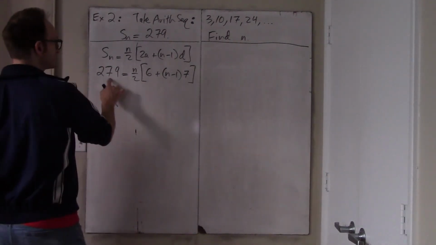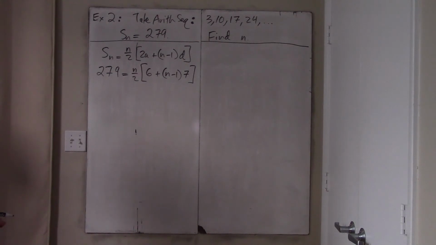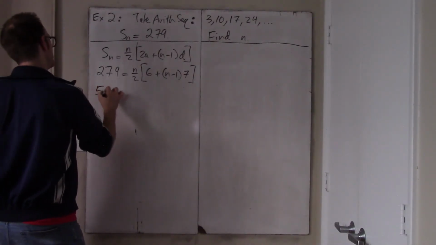Let's do it. 279 times 2. Yikes, that's already kind of big. Well, that's 2 less than 280. And 28 and 28 is 56, so that's 558. Okay?